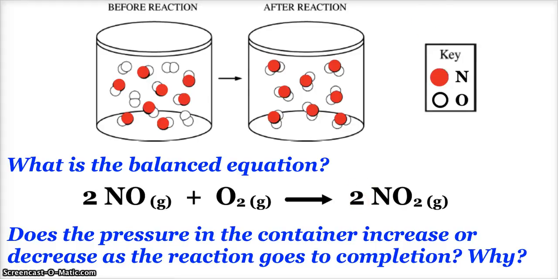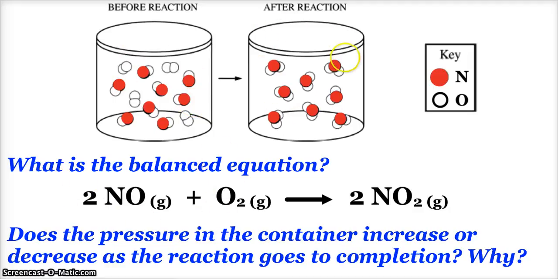So here's the question now. Does the pressure in the container increase or decrease as the reaction goes to completion? And why? Hopefully you've paused and thought about it, but again: particles, collisions, pressure. Before the reaction, I have 12 particles in here. I have 3 moles of gas.